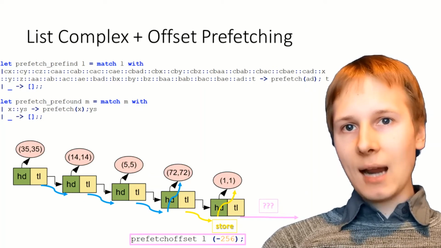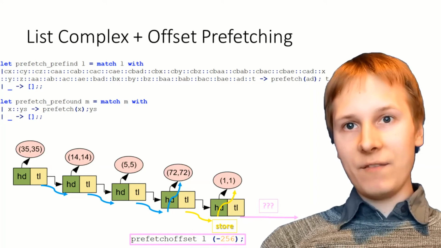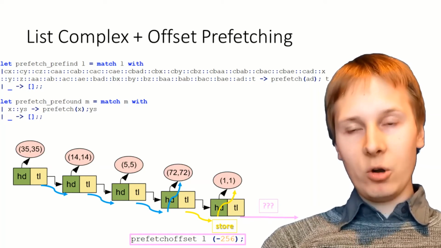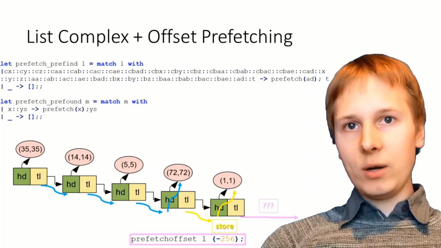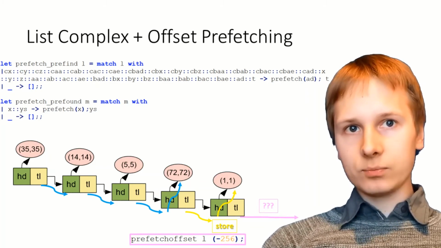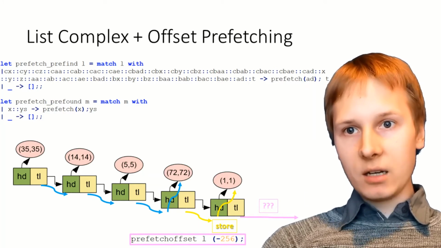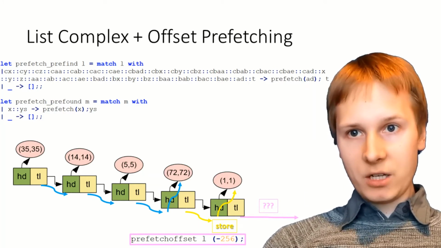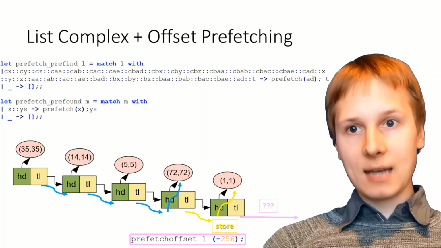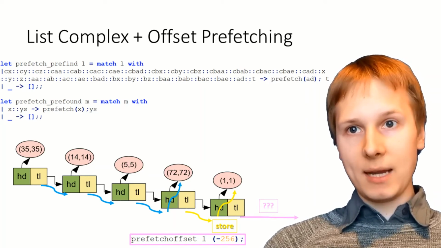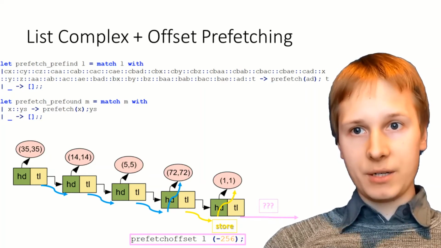This is likely to land on either the element that we want or another element that we'll need in the near future, and thus serves a similar effect to what we do on arrays. We do this using a new intrinsic, prefetch offset, to fetch at an offset from the current element, rather than the standard prefetch intrinsic, which just fetches the current element. In fact, we use that standard prefetch intrinsic for both basic and complex list fetching, but need a new one for the offset prefetching.